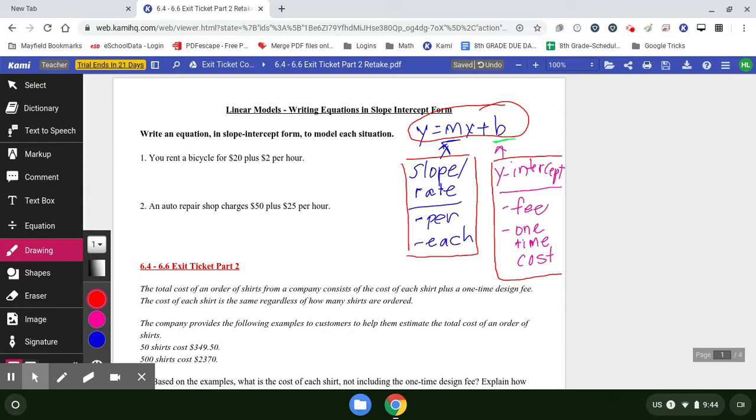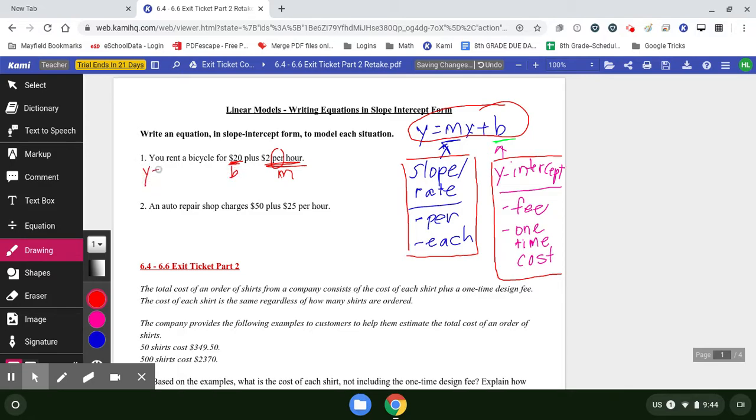Okay? So when we look at number one, it says you rent a bicycle for $20 plus $2 per hour. So right away, you're going to notice the word per. Okay? So that means that this is going to be my rate or my slope. And then the one-time fee is the $20. So that's b, my y-intercept.